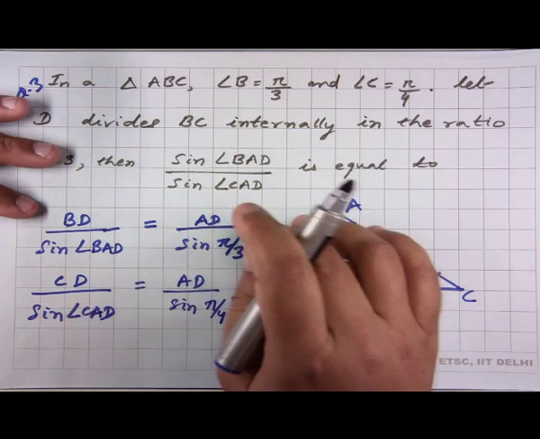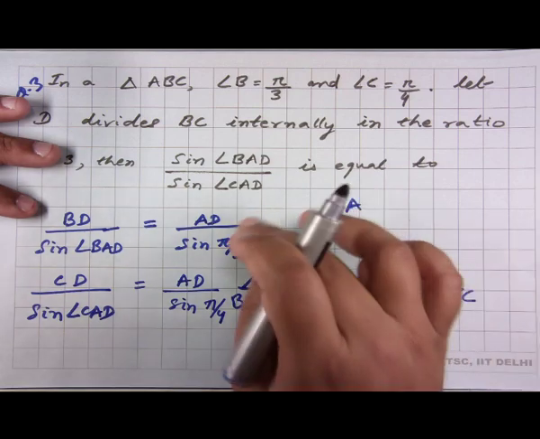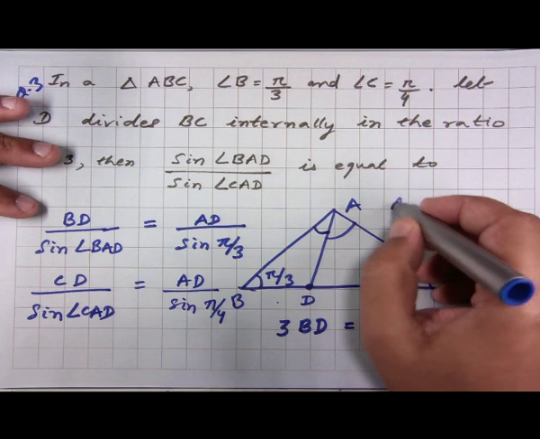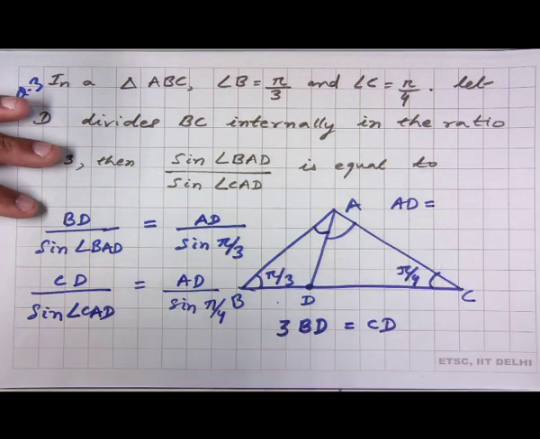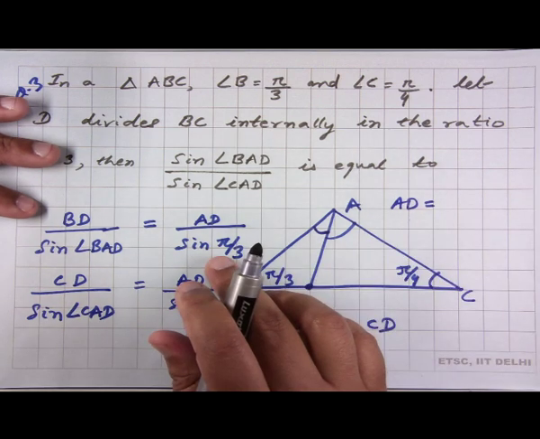Now, we basically have two equations now. So, from the first equation we get AD to be equal to, sine pi by 3 is equal to square root of 3 over 2.